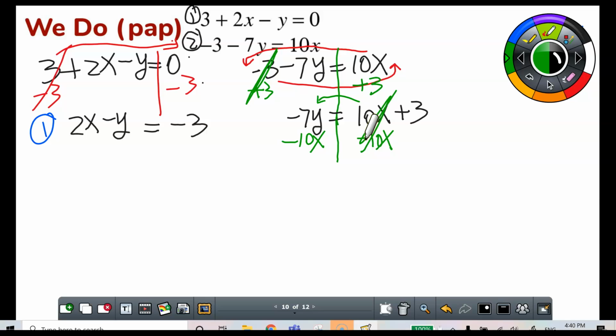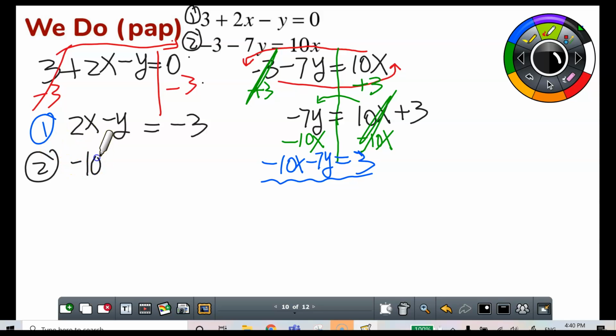And you have the second equation, which is -10x minus 7y equals 3. So this is your real second equation, and let's put it here so you can see the relationship of each pair.